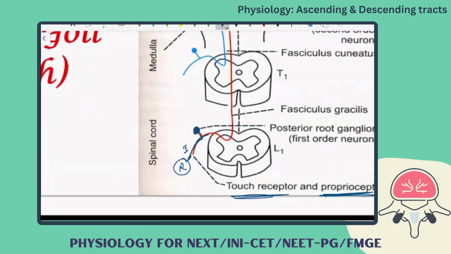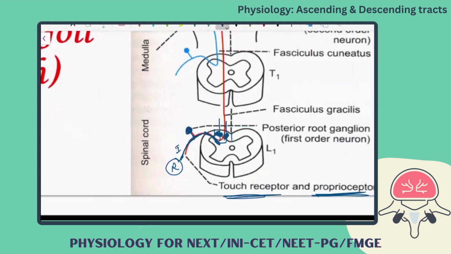And from the dorsal root ganglion, this is the point where we have seen the fasciculus gracilis, fasciculus cuneatus. Yes or no? It will enter the dorsal root. First it enters the white column, then enters the gray column, and again moves up to the dorsal column, specifically in the fasciculus gracilis, fasciculus cuneatus.